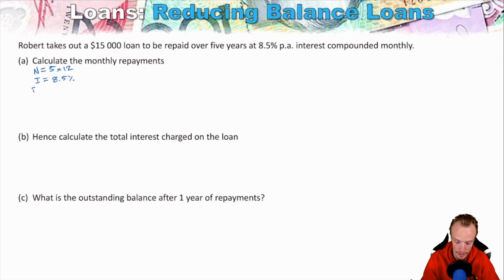Our present value here. Now this is something that's first of all a big note here. The present value in savings, because we were initially giving money to the bank, was always a negative. In loans, you're actually getting the money from the bank at the start. So the present value at the start is actually a positive when we go to put it into the bank, because it's money we're getting from the bank. So it's positive 15,000 here.